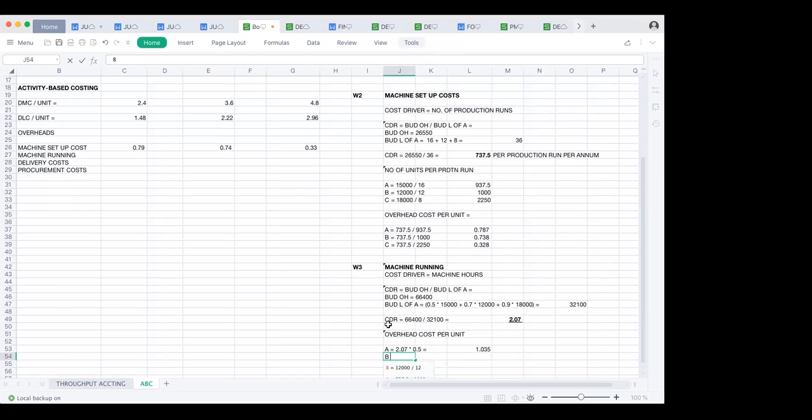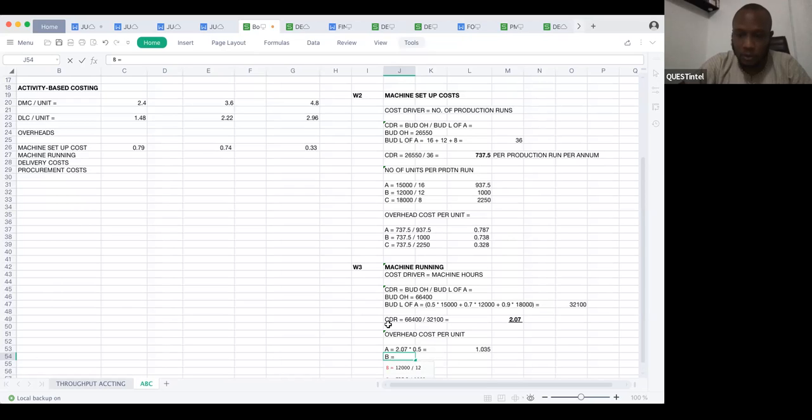Okay, so B now will be equal to 2.07 multiplied by 0.7, and C will be equal to 2.07 multiplied by 0.9.